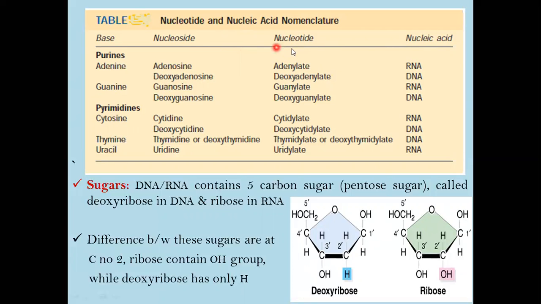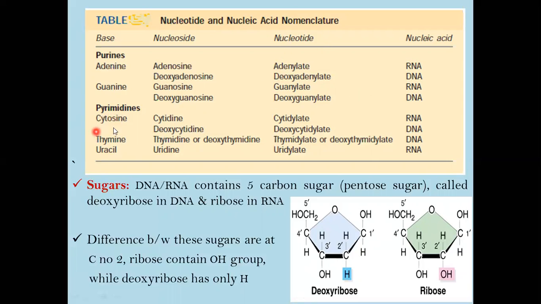In the nucleotide, it is known as adenylate in RNA and deoxyadenylate in DNA. Guanine is another purine, known as guanosine in RNA and deoxyguanosine in DNA, and guanylate and deoxyguanylate in terms of nucleotides.